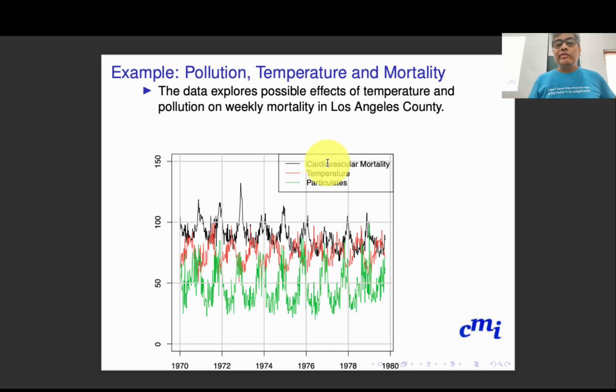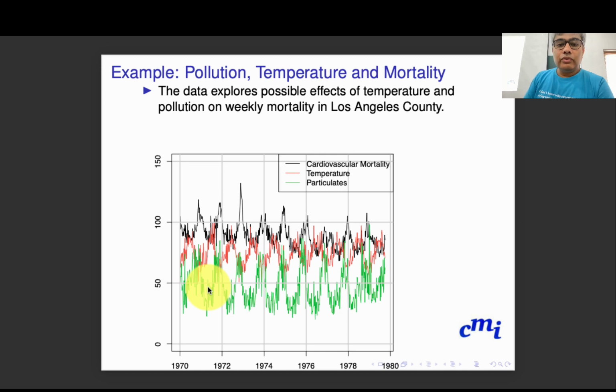The black series is the cardiovascular mortality rate, the red is the temperature, and green is the particles. My guess is it will be either PM 2.5 or PM 10, some pollutant particles they are measuring at monthly level.